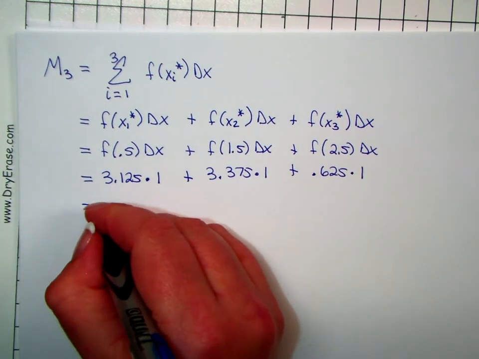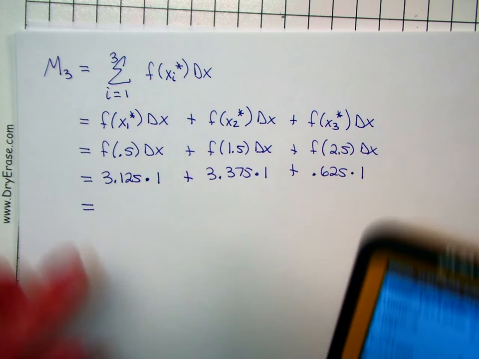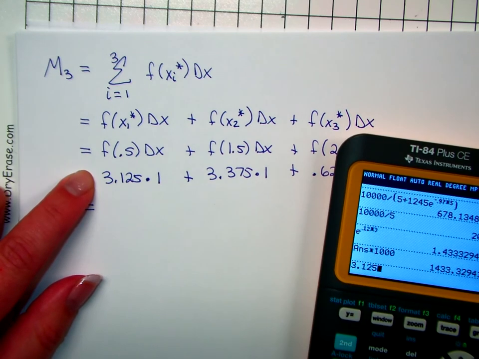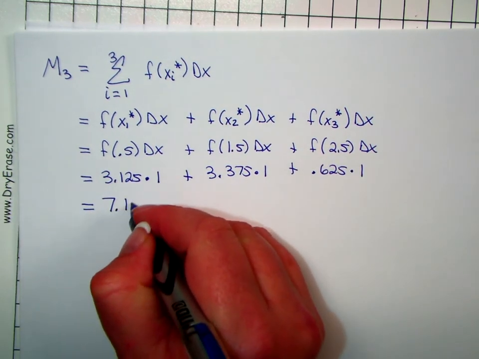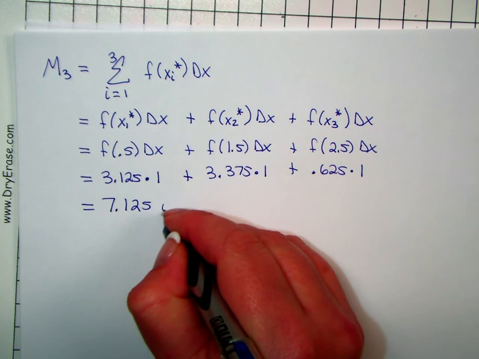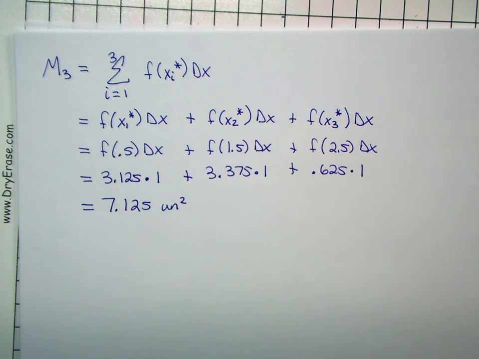Right? So let's go ahead and add those up. I got 7.125, right, as our midpoint estimate.